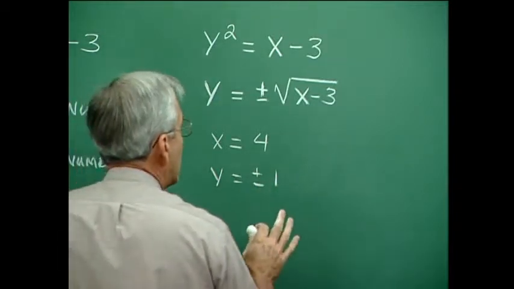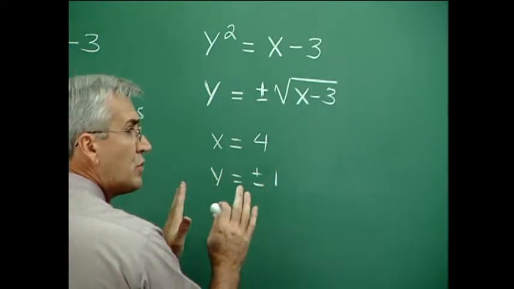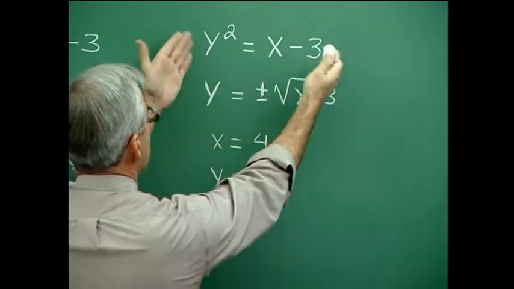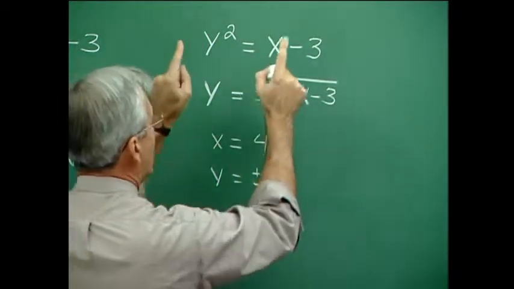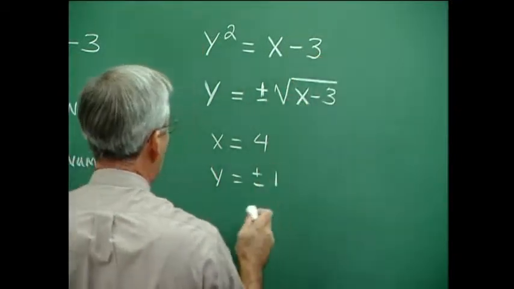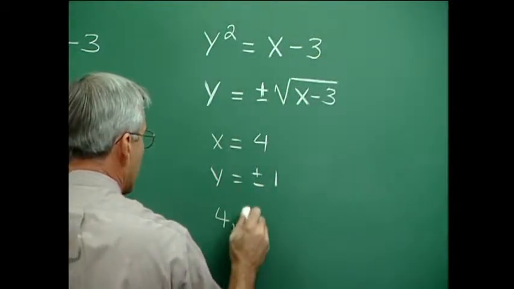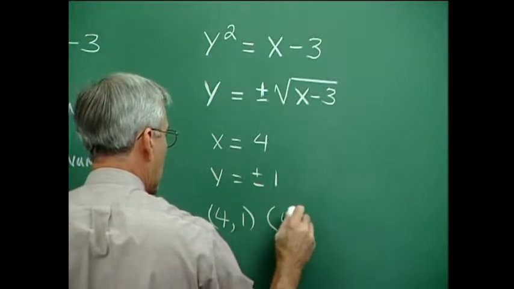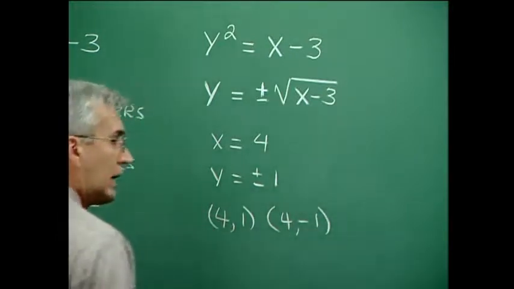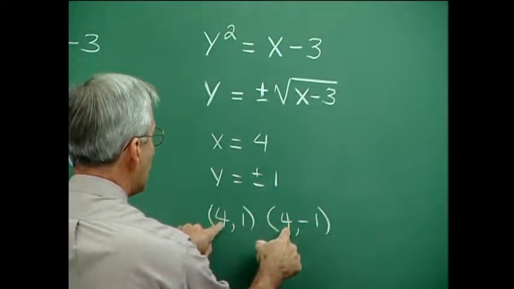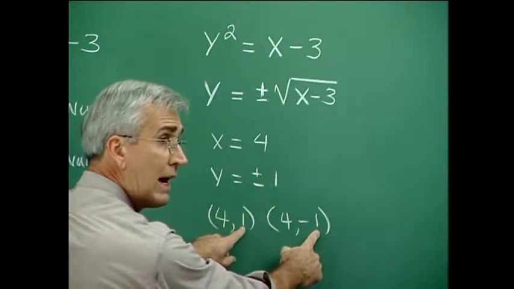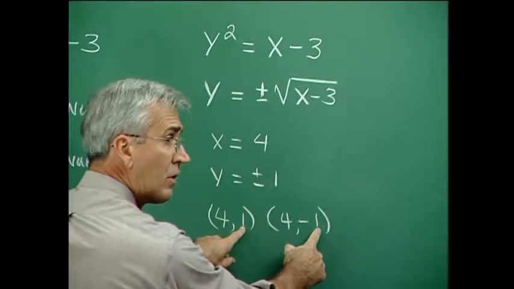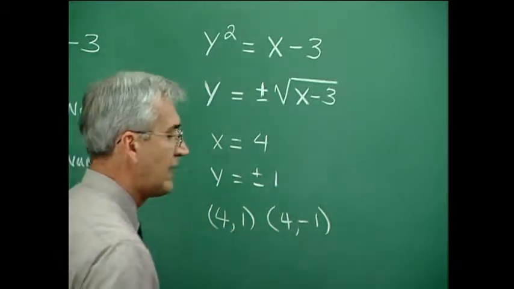So it means that two solution points associated with this equation, two coordinates that cause this to be true, are (4, 1) and (4, negative 1). It means for a single value in the domain, there is more than one value in the range associated with it. So here, y is not a function of x.